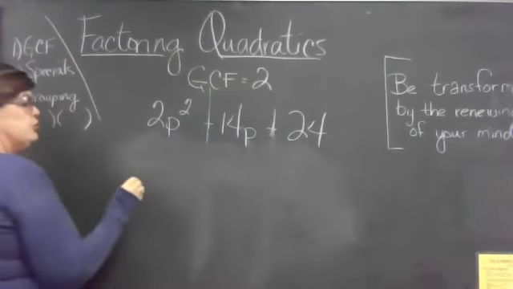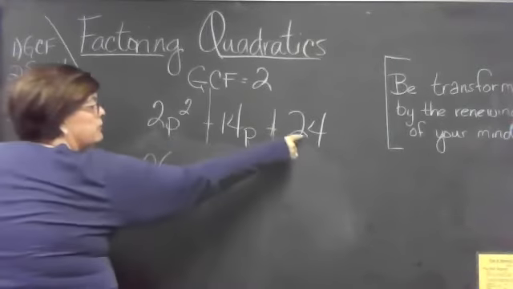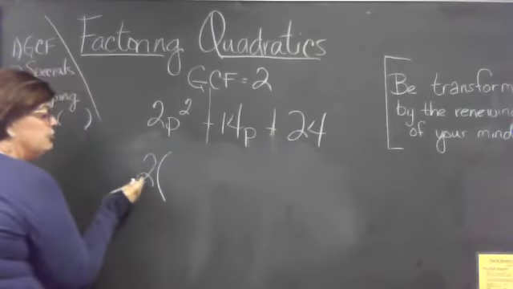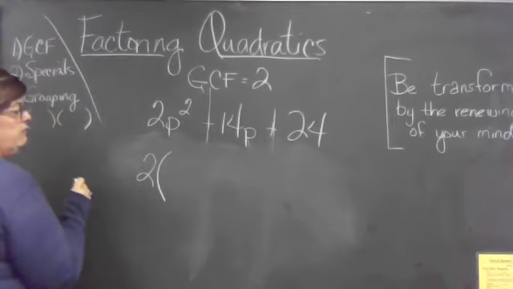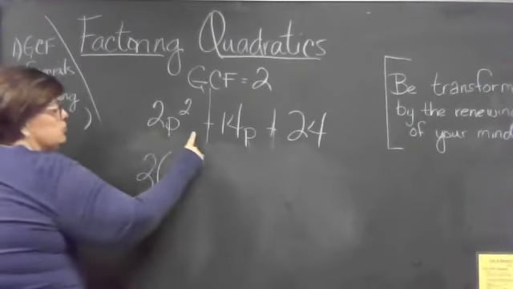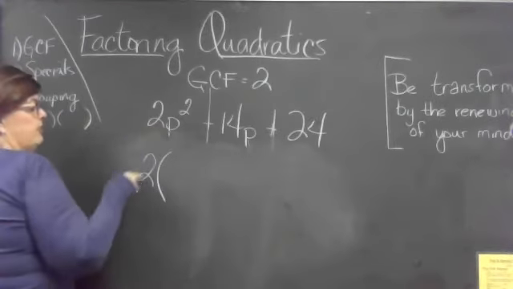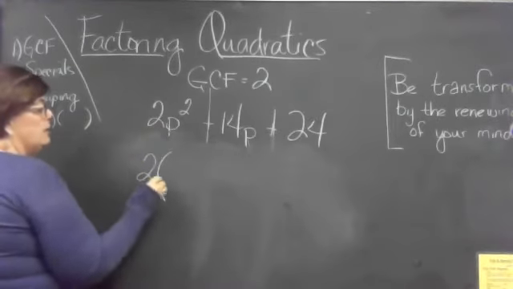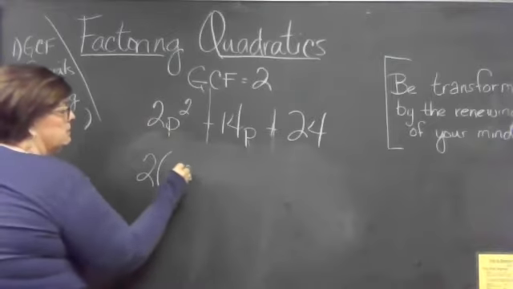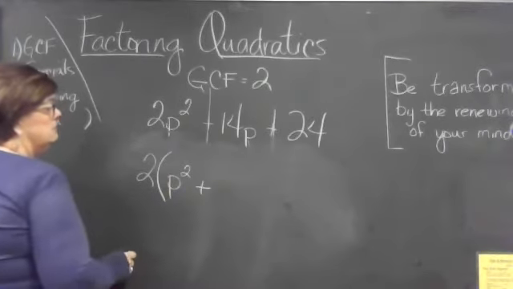Now what we're going to do is show that I am going to divide this polynomial. I'm going to divide 2 out of every piece of that polynomial. So if I take 2p squared and divide it by 2, then 2 divided by 2 is 1. I have 1p squared. We leave the 1 as an invisible 1 plus.